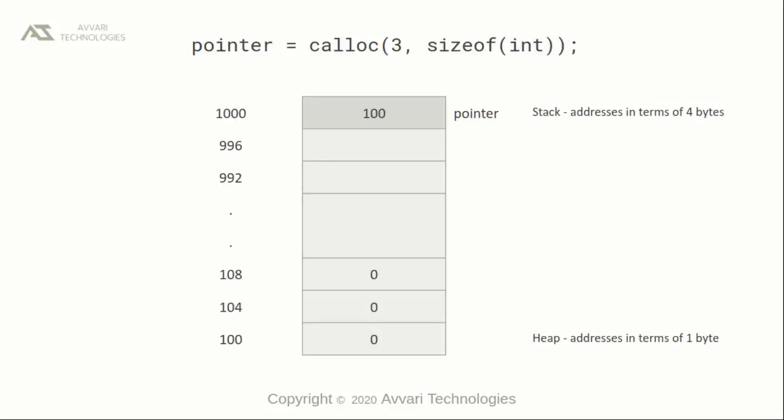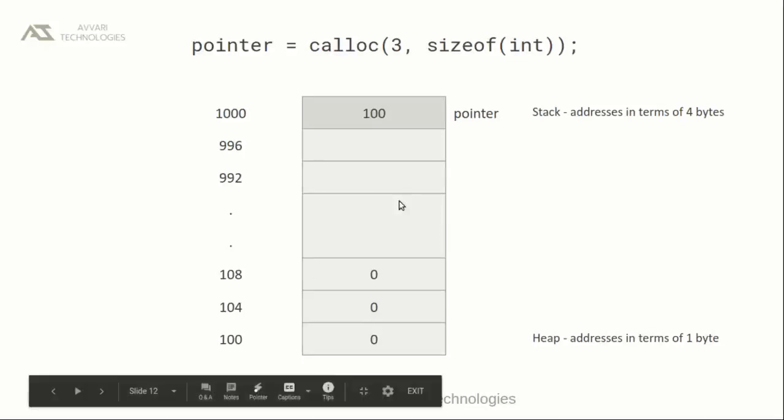Here we are calling calloc 3 number of blocks and the size of integer. Here we can see at address 100, 104, 108, the 3 blocks are assigned to 0. This is what we assign to a pointer.